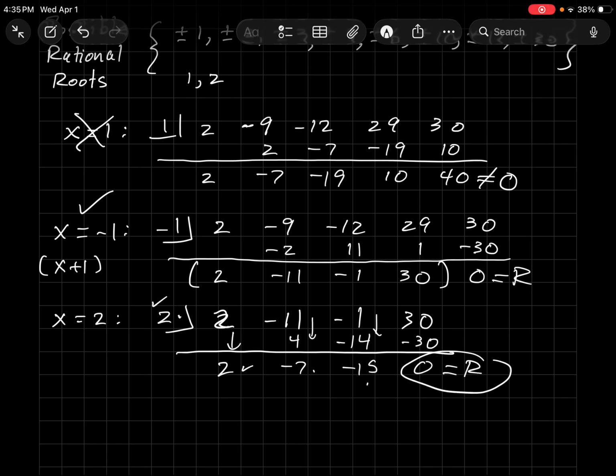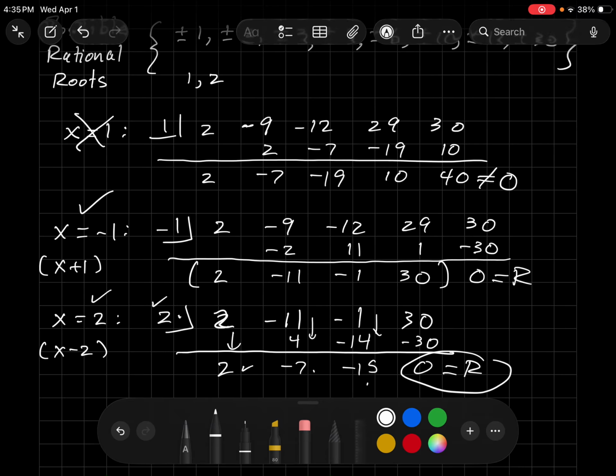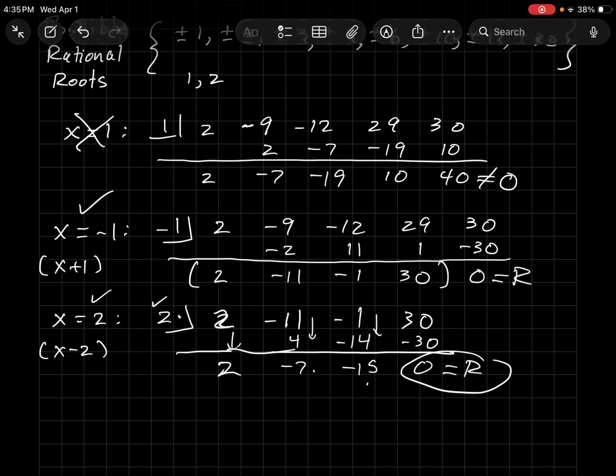And I found another solution, which means I found another factor. So now that I'm down to a quadratic, and how do I know it's a quadratic? Well, I went from 4th power down to 3rd power down to quadratic.